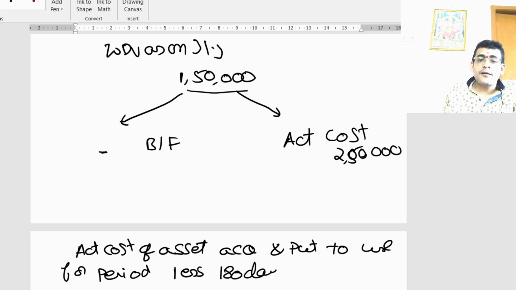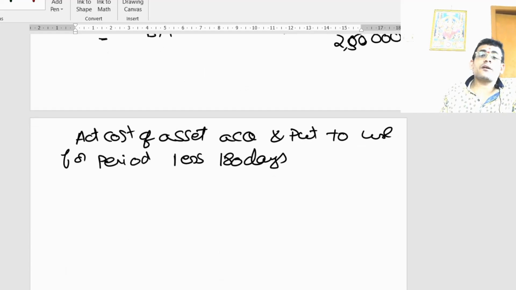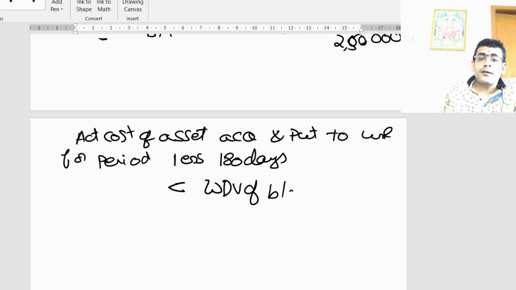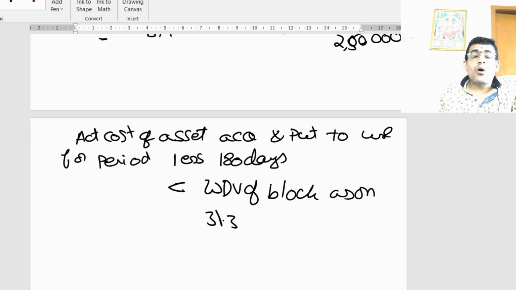for a period which is less than 180 days, then what? In that case, whenever the actual cost of the asset acquired and put to use for a period of less than 180 days is less than the written down value of the block as on 31st March, closing WDV, as on 31st March 20 or 31st March 21, then what will happen?